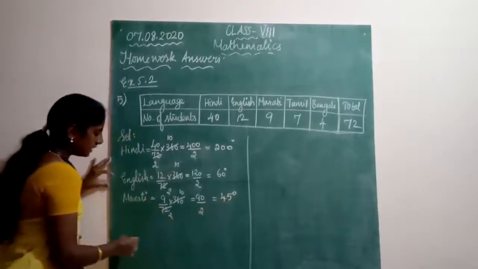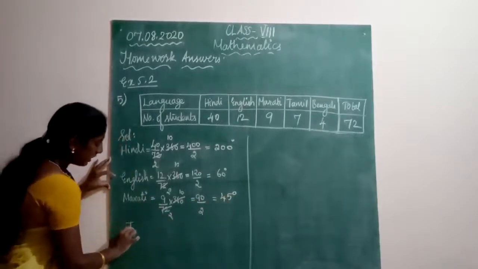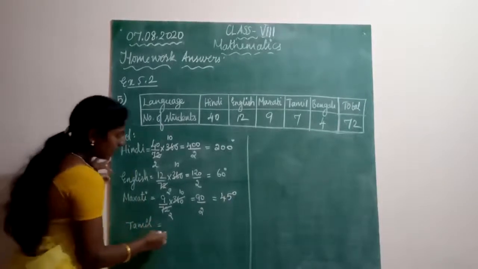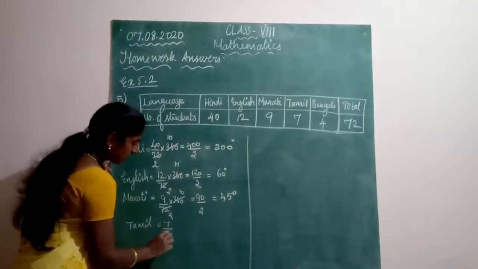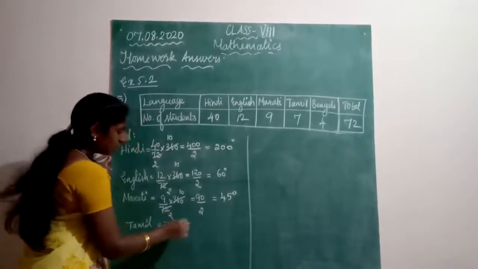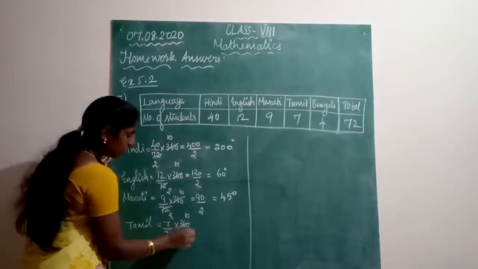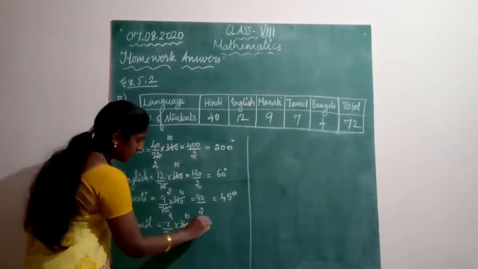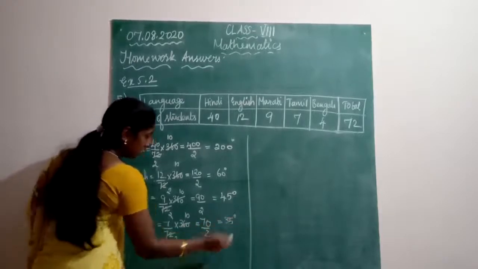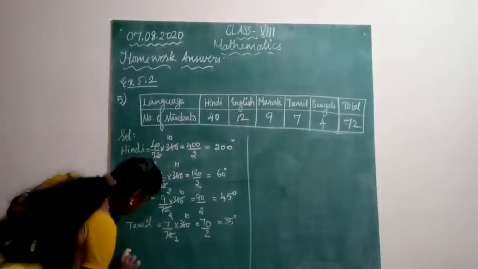Okay, next is Tamil, and 7 children speak Tamil. 7 by 72 into 360. Okay, so cancel 10 and 2, that is 70 by 2, that is 35 degrees. Okay, next is Bengali.